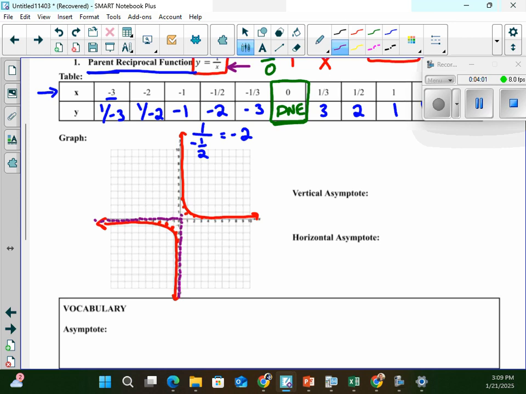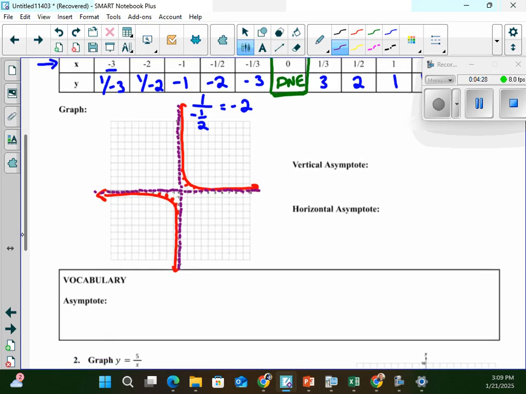Again, it's essentially riding along both the y-axis and the x-axis, but never touching. So this is the shape of the parent function. Again, just so we're clear, the parent function is simply the red lines, not necessarily the purple line. The purple is just giving shape to it, allowing us to draw it easier.